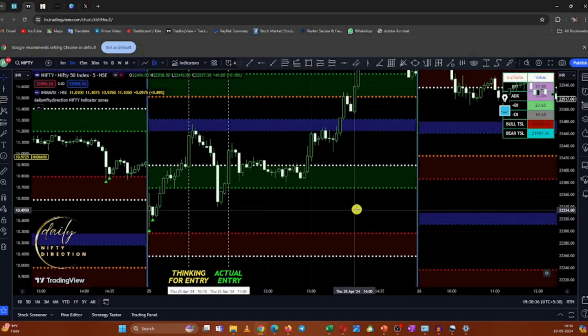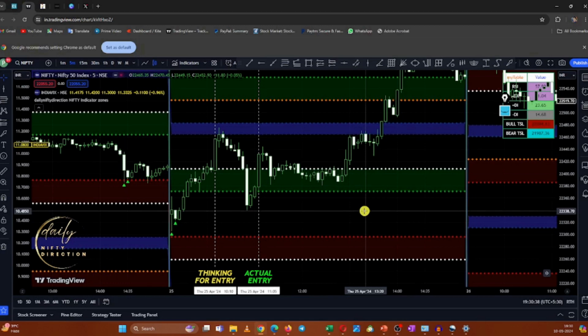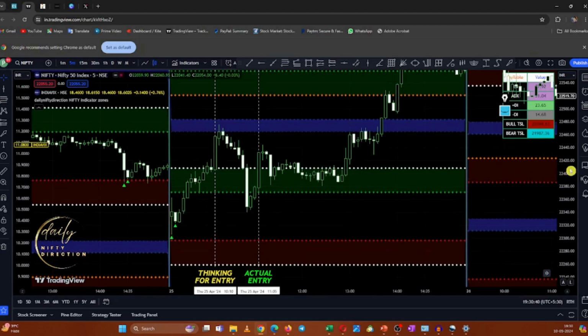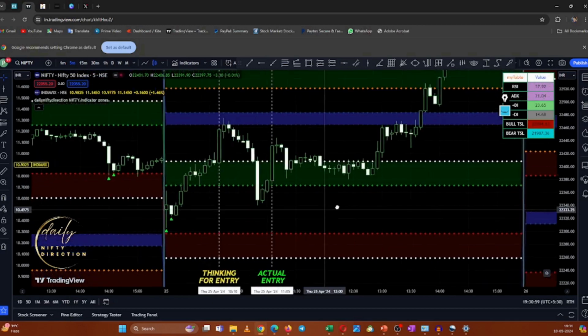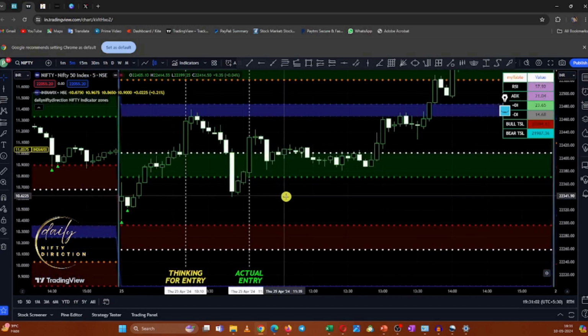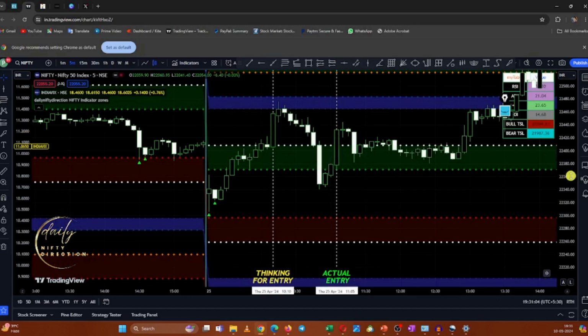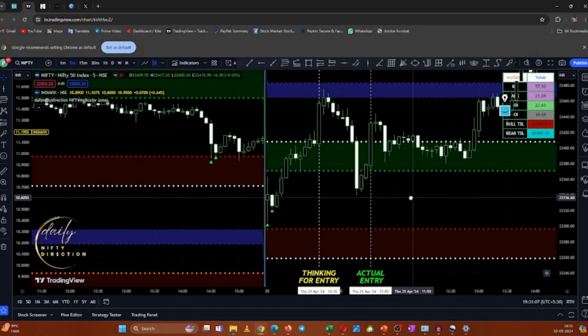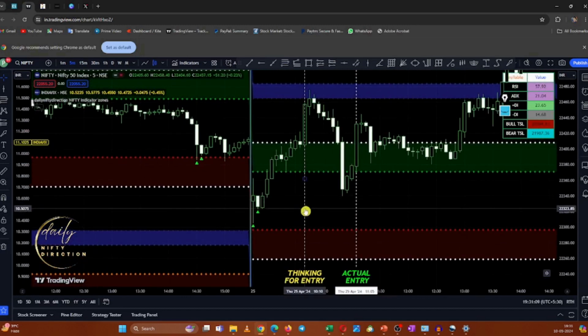This is the scenario. Let us suppose that your zone is broken here, and you could not take entry. You waited for a retest to happen, but suddenly a big volume candle broke your zone again.